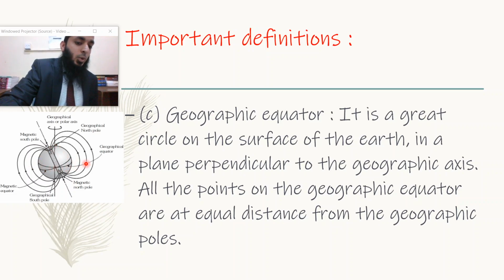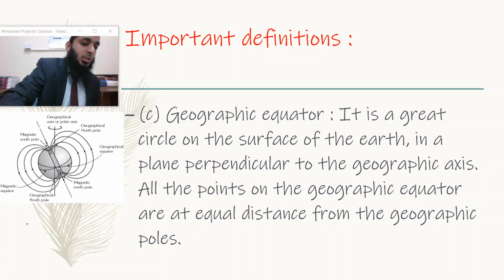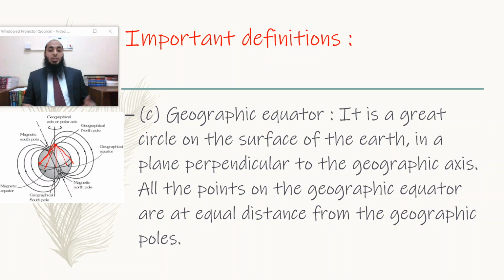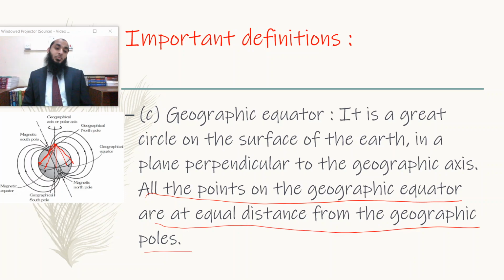Let me use a pen to make you understand that. You see, the distance from this point of the equator and this point of the equator, these distances will be the same, and that goes for all these lines. That's what is mentioned here. All the points on the geographic equator are at equal distance from the geographic poles. I hope it is clear.